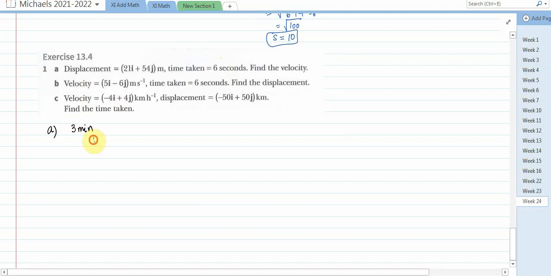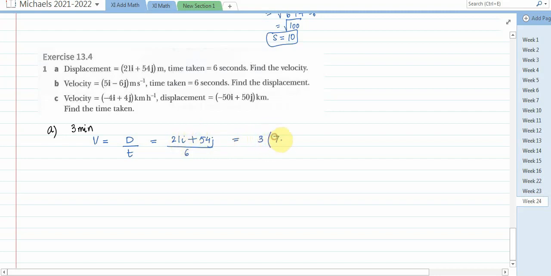Alright. So velocity is what? Velocity is displacement over time. Displacement you have 21I plus 54J divided by 6. If you take common in the numerator, that will be 3.